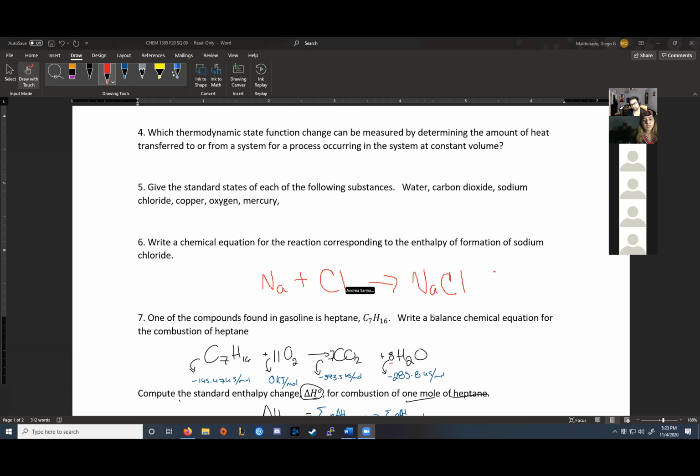Now really quick, would this chloride, or would the chlorine, be by itself or no? Would it have a subscript with it? Think back to which ones are your diatomic molecules. So that means which ones bond to themselves.